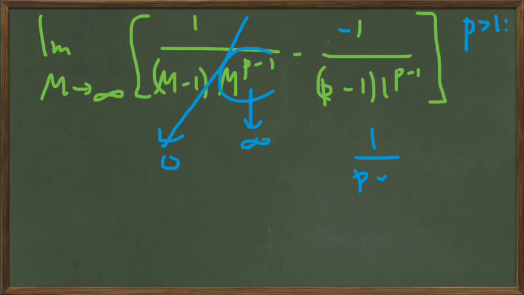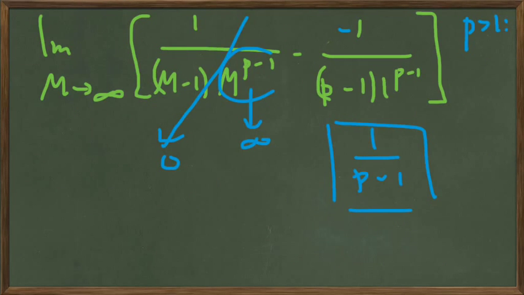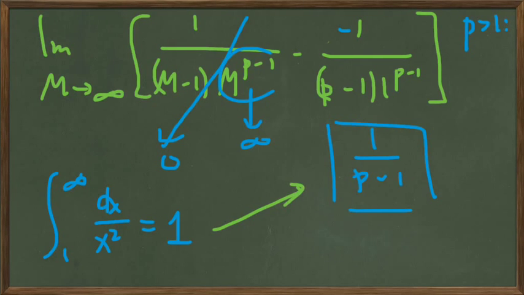So when p is greater than 1, this integral back here is finite, and it is 1 over p minus 1. Remember, we already did the case 1 to infinity of dx over x squared, and we got an answer of 1, which is consistent with this general case answer.